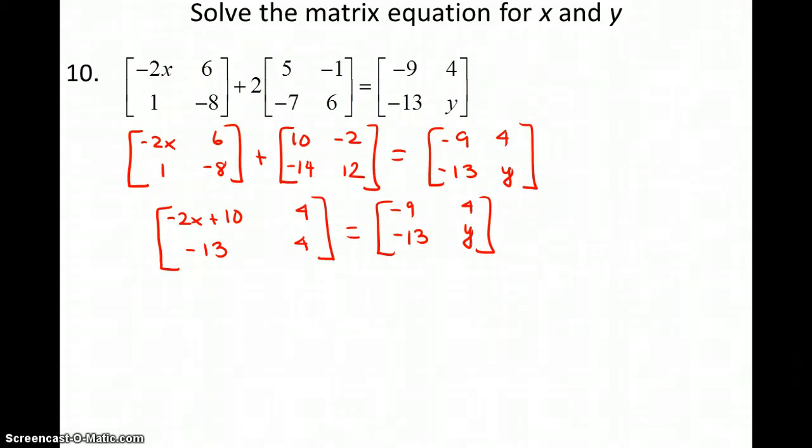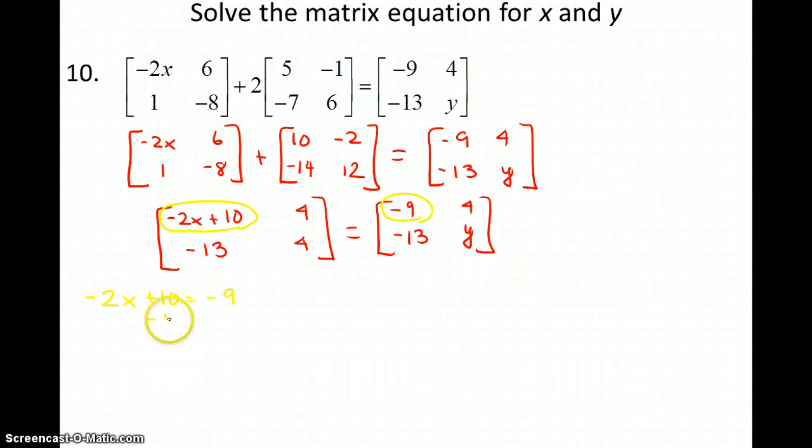From here, you'll match up like terms with their position in the matrices. So if we're solving for x, we care about this position on the left side and this position on the right side. We have the equation negative 2x plus 10 is equal to negative 9.